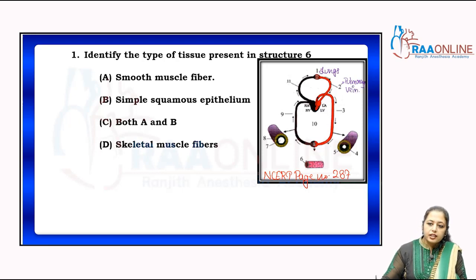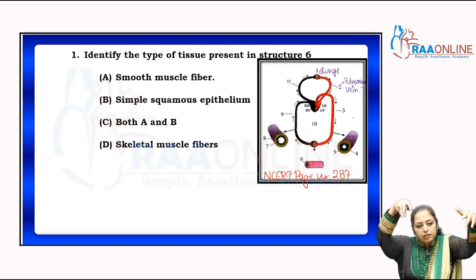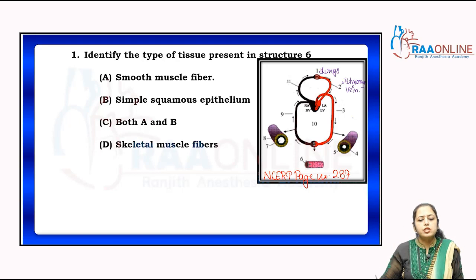You can see that when the pulmonary vein enters the left atrium, blood goes from the left atrium to the left ventricle, then to the systemic artery, then to the ascending aorta, then the arch of aorta, then the descending aorta, and again divides into branches here.